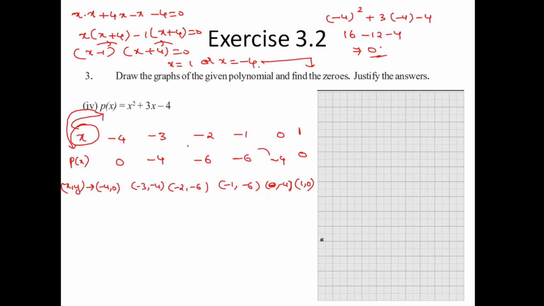Okay, and let me draw the x-axis properly. Taking 0 somewhere over here, there are a lot of negative terms, right? So this is minus 1, this is minus 2, this is minus 3, this is minus 4. Similarly on the RHS we have only one value, right? One is available. This is your y-axis, that is your p of x axis.